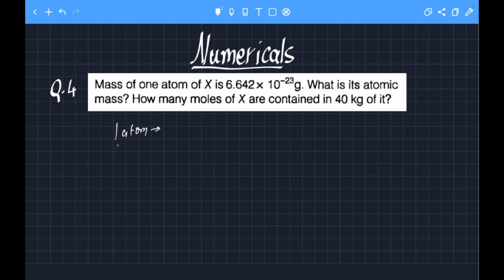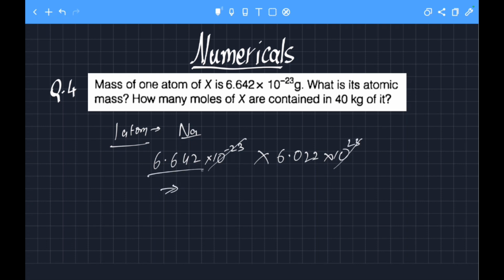तो एक एटम के मास को एटॉमिक मास में कन्वर्ट करने के लिए you have to multiply it by Na. So 6.642 into 10 raised to minus 23 multiplied by 6.022 into 10 raised to 23. ये दोनों कैंसिल हो गए आपस में. Multiplying this and this will give you 40 grams.